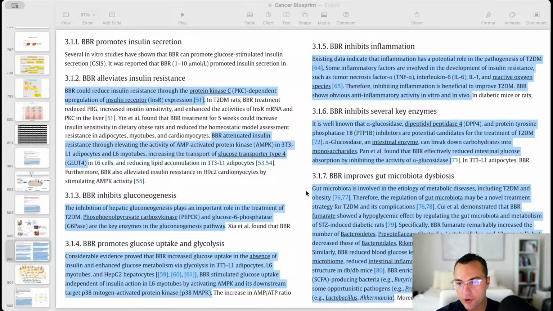Specifically, berberine fumarate remarkably increased the number of Bacteroides, as well as, I'm probably going to butcher this one, Prevotella, Clostridia, Lactobacillus, and Alloprevotella, but decreased those of Bacteroides, Rikenella, Lachnospiraceae, and Desulfovibrio.